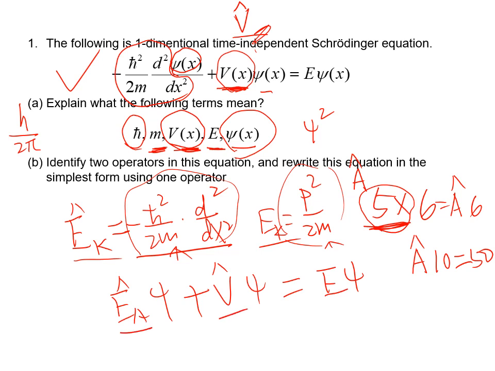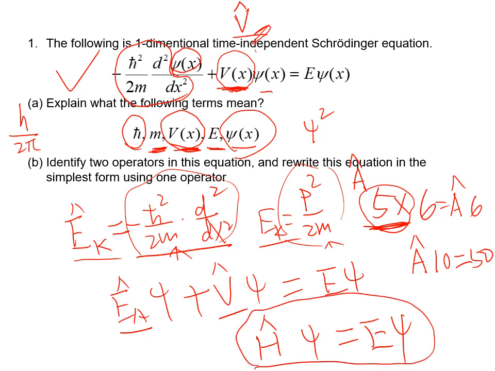Or you can combine these two together as the total energy operator operates on the wave function, giving you the function back times energy. So this is the simplified Schrodinger equation. In mathematics, this is called the eigenvalue problem. An operator operates on a function and gives you the function back times a constant. That's the eigenvalue problem.